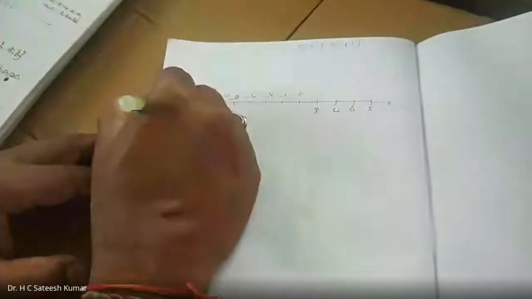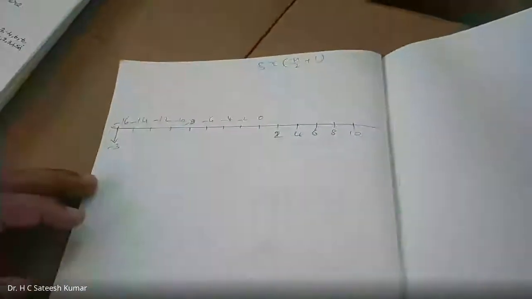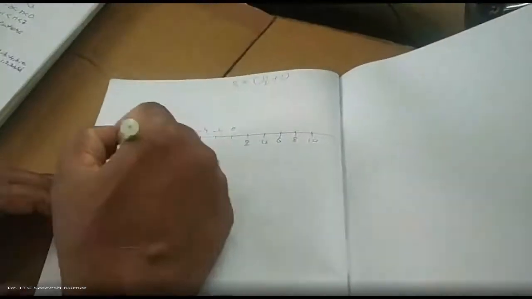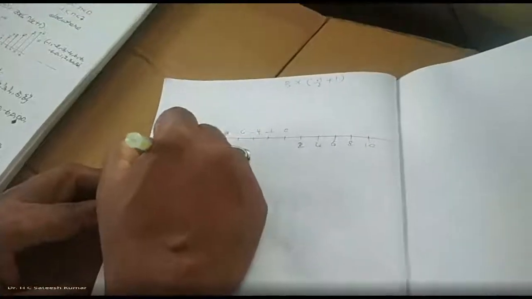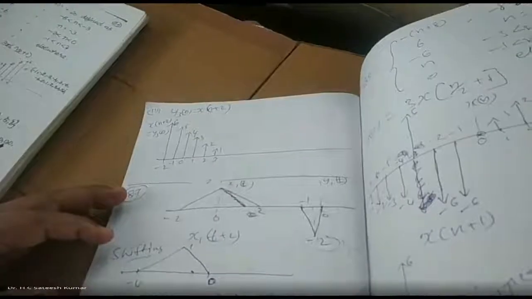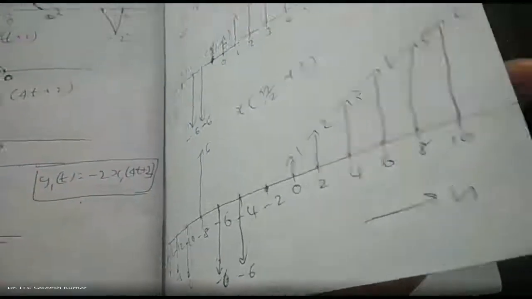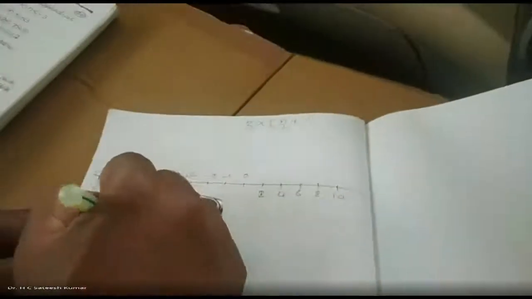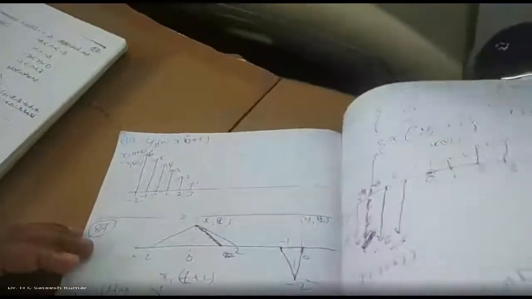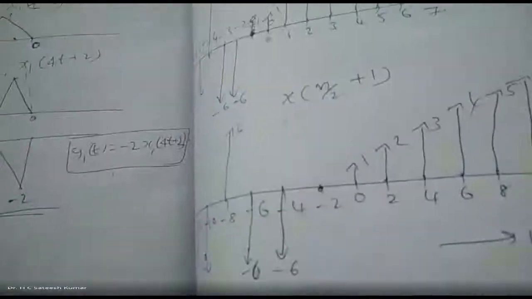Minus 1, and it is multiplied by 3. Therefore, amplitude is minus 1 into 3, which is minus 3. This value will be minus 3. Same thing, you write it; amplitude you change to minus 3. And minus 2, minus 2 into 3, minus 6. And minus 9. At minus 10, it is minus 12.